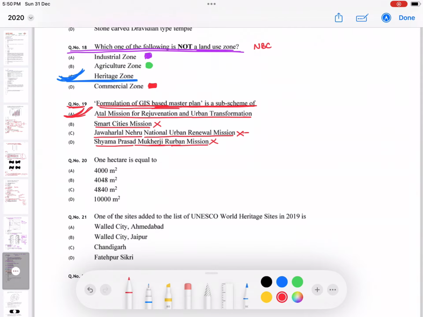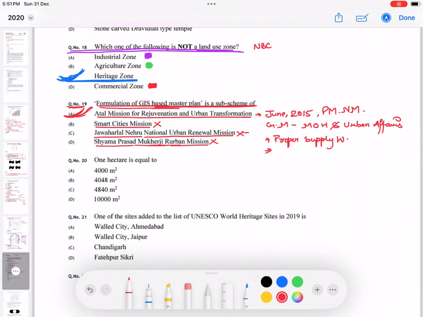And you should know it was launched in June 2015 by PM Narendra Modi. And the governing ministry is Ministry of Housing and Urban Affairs. So objective, if we talk about it, ensure proper supply of water.